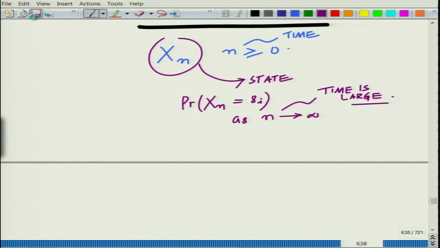That is, after a long period of time, if you observe, what is the probability that the state is Si? Can you comment about what is the probability that the state will be in Si after a long duration of time n?